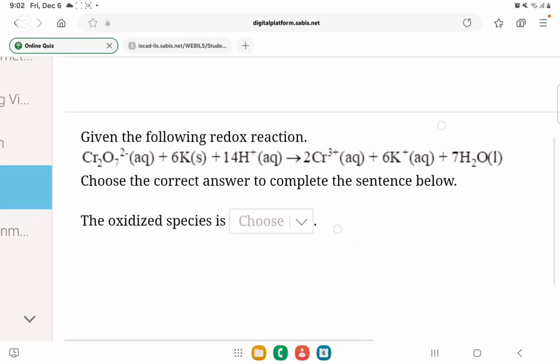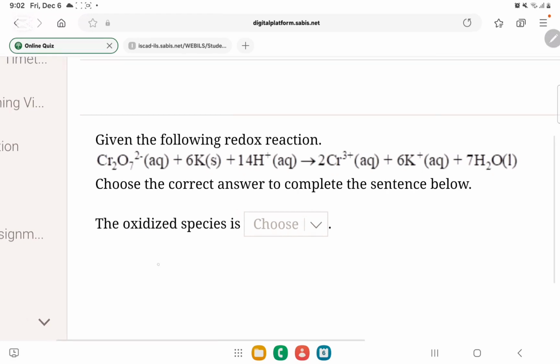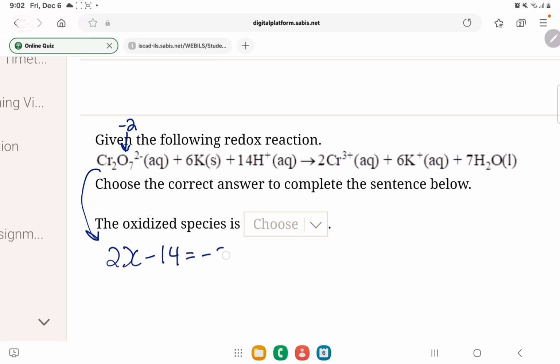Here we have to check the oxidation number of each element and check which one increased, because we have to find the oxidized one. Okay, so oxygen is always -2. And here, since we have to find Cr, we do 2x minus 14 is equal to -2. We got 14 because 7 times -2, and it's 2x because we have 2 Crs, and it's equal to -2 because that's the charge.